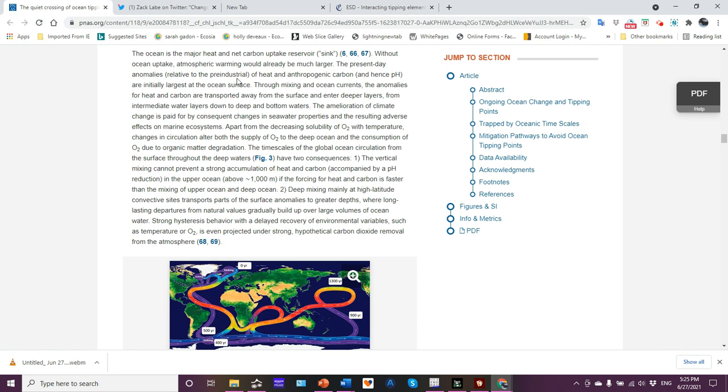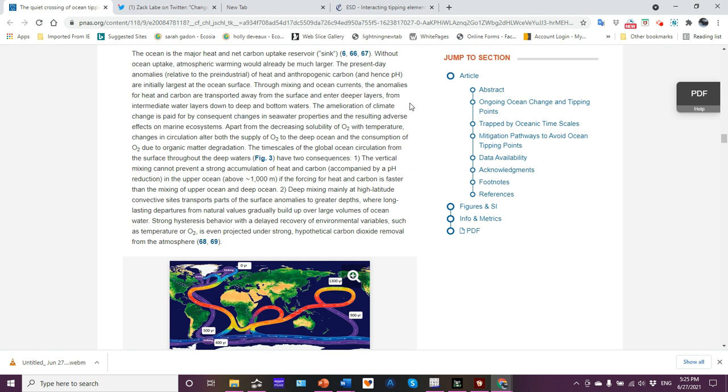Present-day anomalies relative to the pre-industrial of heat and anthropogenic carbon, hence pH, are initially largest at the ocean surface, where you're going to get the mixing. Then physical processes move it around, horizontally, vertically, what have you. Through mixing and ocean currents, the anomalies for heat and carbon are transported away from the surface and to deeper layers, from intermediate water layers down to deep and bottom waters.